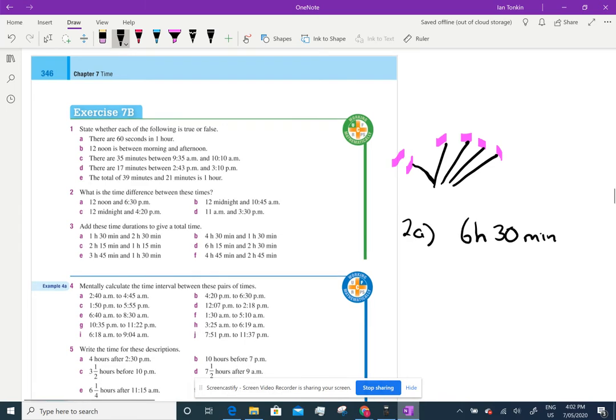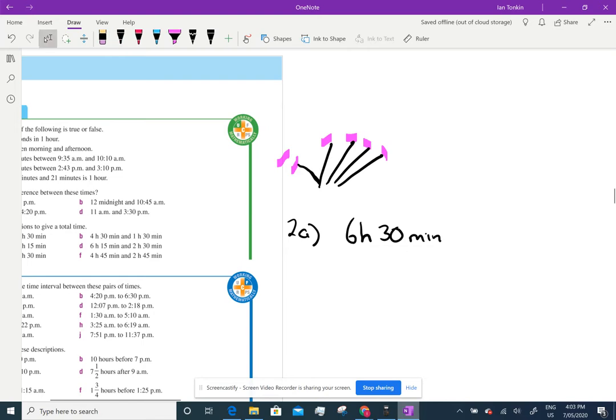Let's try B. So 12 midnight. So I get one of these. So as I said, I just do these, pretend you're counting on your hand. Whoops, I got rid of one of my fingers. Okay, so 12 midnight.